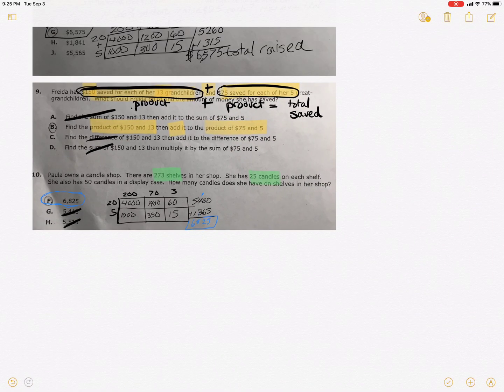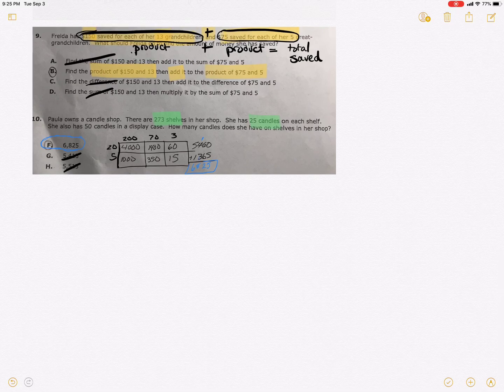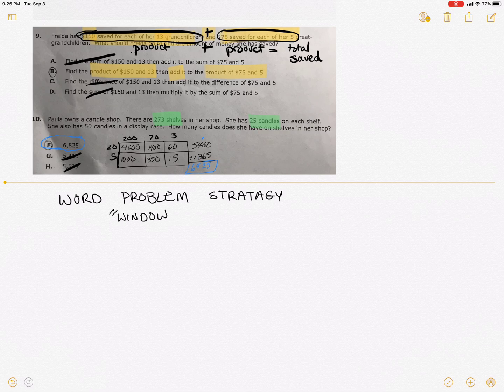So the last thing I'm going to do here, just very quickly, that looks terrible. Word problem strategy. Window pane.